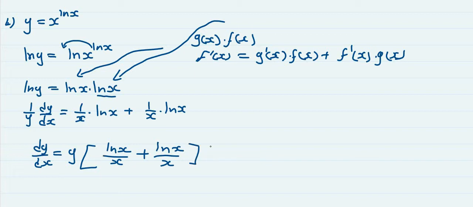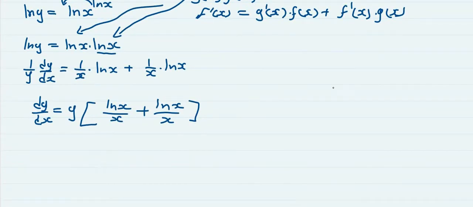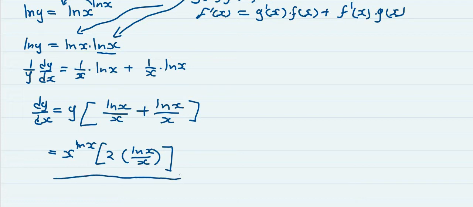Ln x plus ln x gives 2. Going back to the original, we write y, which is x to the exponent ln x, multiplied by 2 ln x over x. So all of them use the differentiation rules, which are very important.